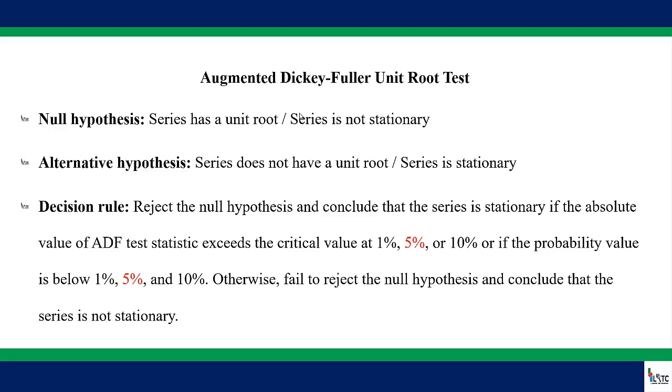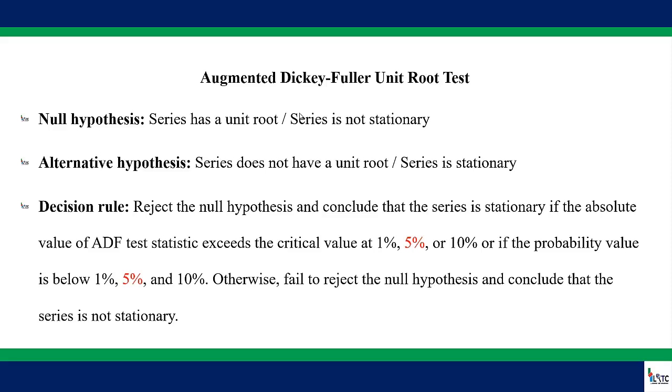Reject the null hypothesis, that is, the series is not stationary, and conclude that the series is stationary if the absolute value, please take note of the word absolute, of the ADF test statistic exceeds the critical value at 1%, 5%, or 10%. Take note that 5% is the conventional level, so I always advise that people should stick to 5%.